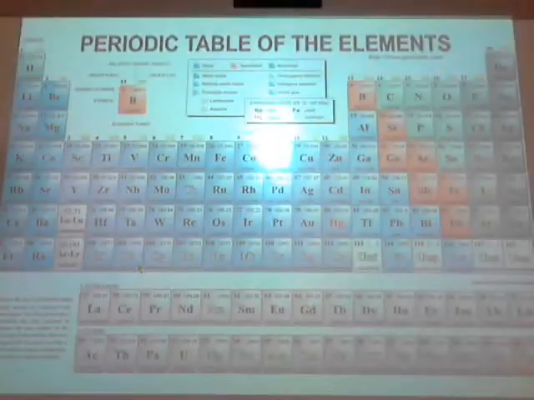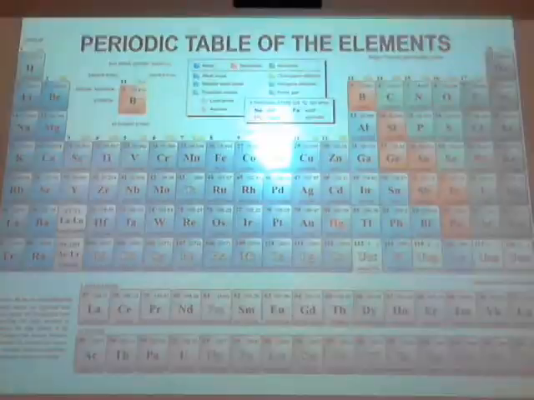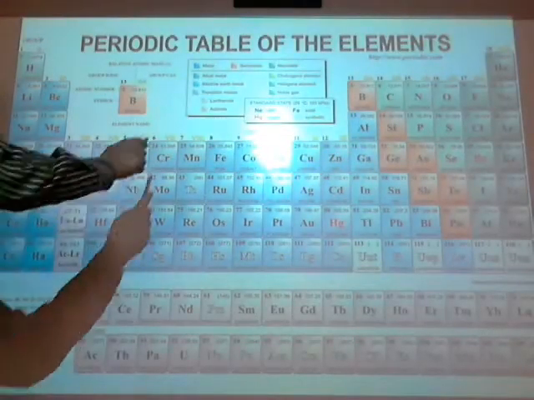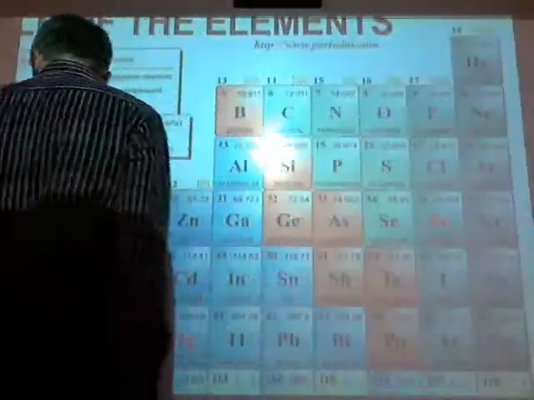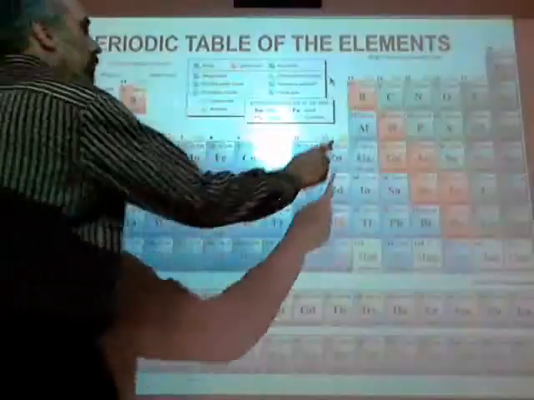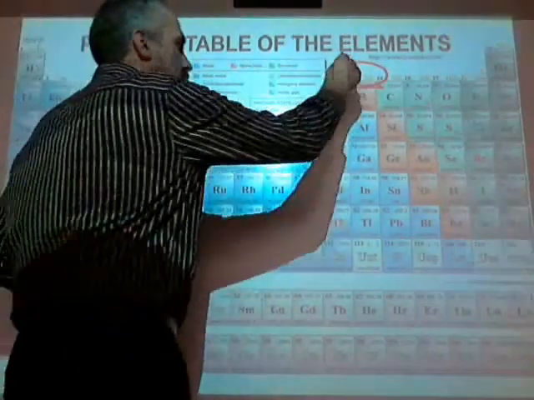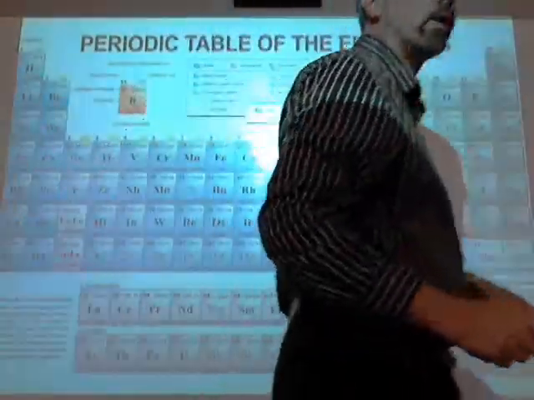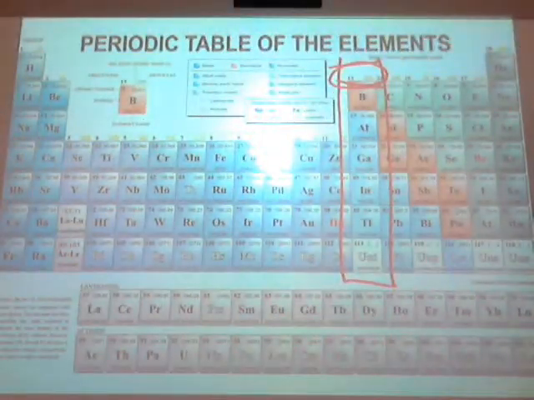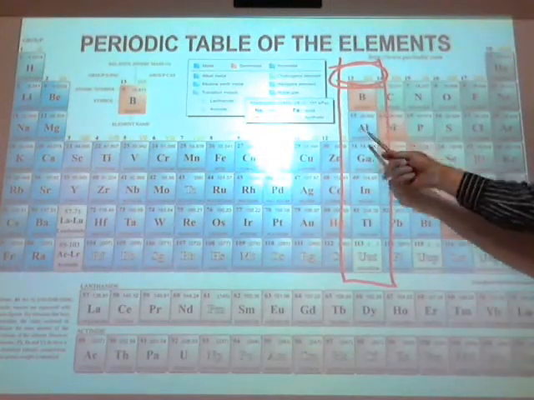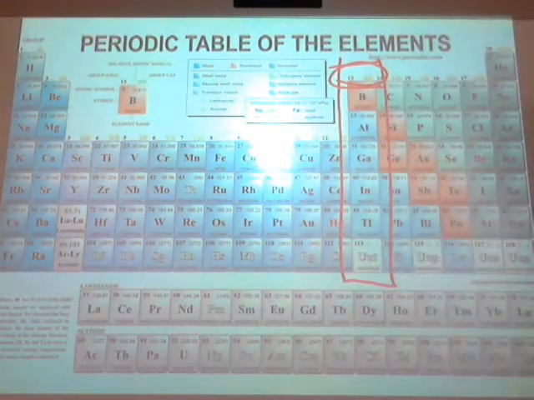Here's what that means. 3 outer shell electrons must be in group 3. There's group 3. Everybody got it? So it's one of these guys. I've narrowed it down already. It's either boron, aluminum, gallium, indium, thallium, or whatever.